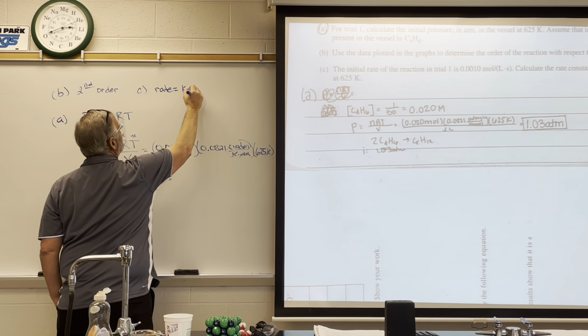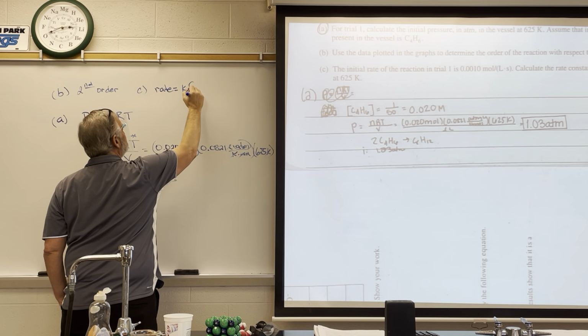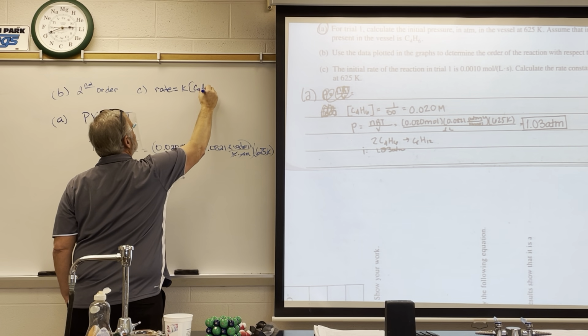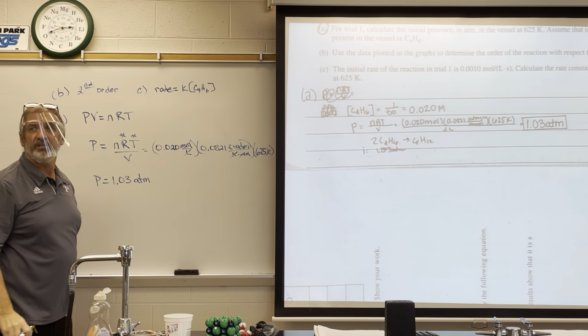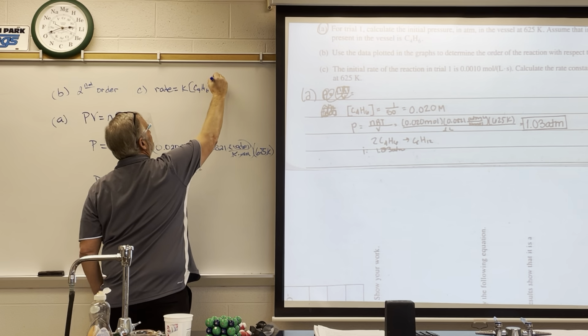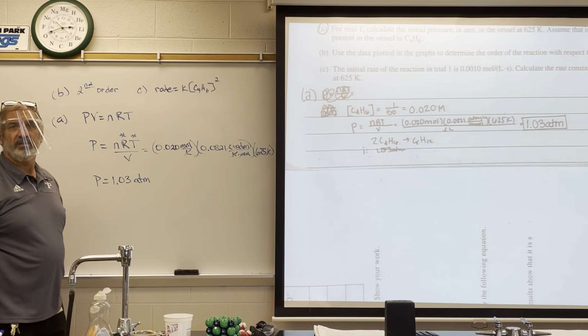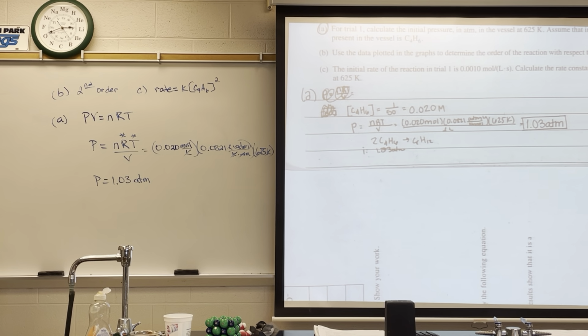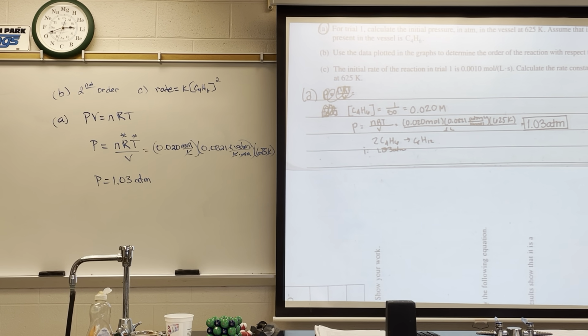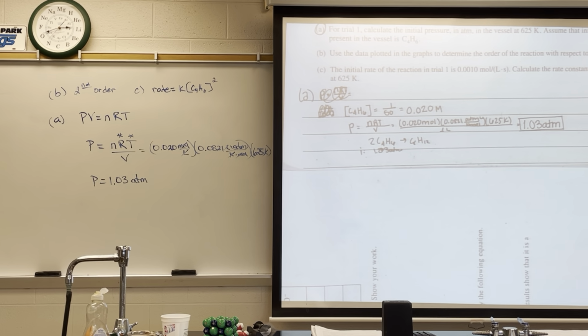K times C4H6 to what power? Second power, to the second order. That's our rate law. When it wants the rate law, we don't have anything with time really going on here. They give you the molarity. It's just the normal differential rate law. So how do I go about calculating K?